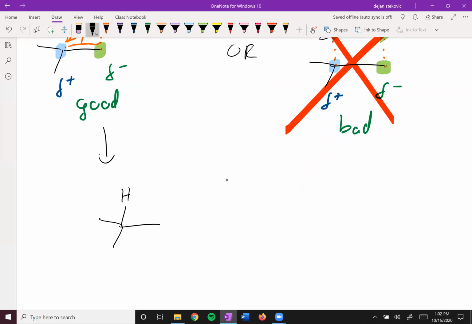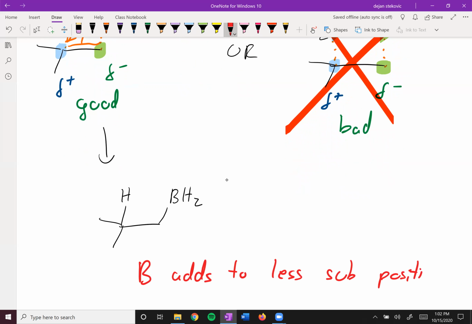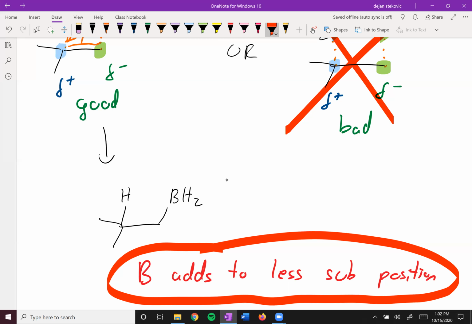And so what we end up with is the hydrogen added on the more substituted position and the BH2 on the less substituted position. And this is where our regioselectivity comes from.